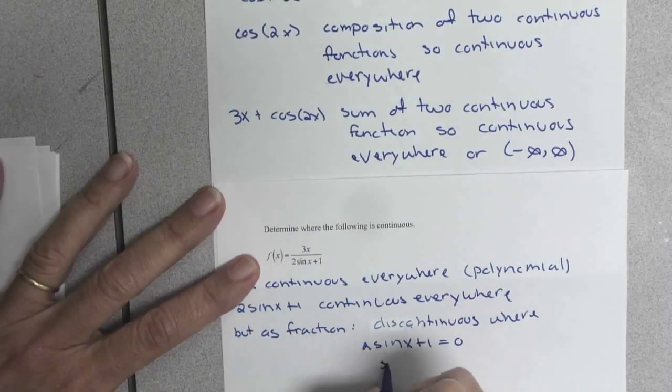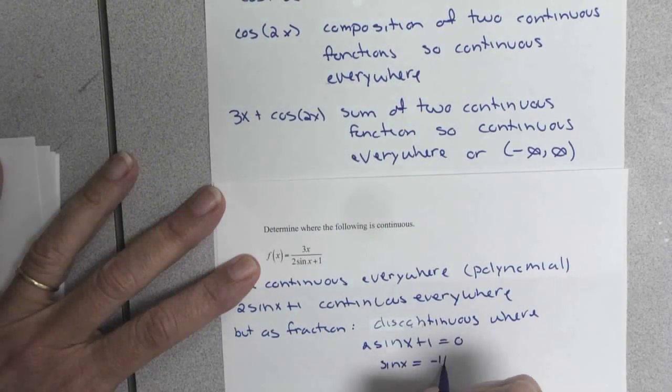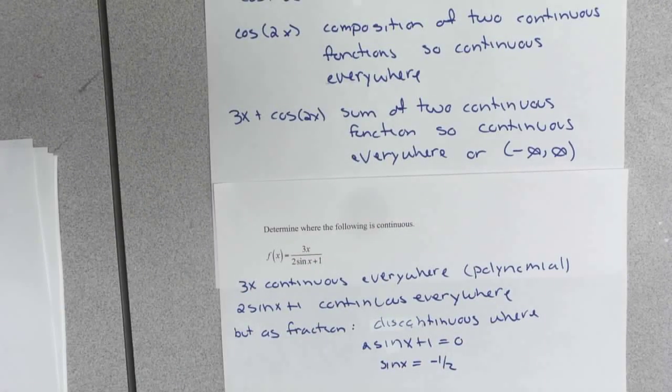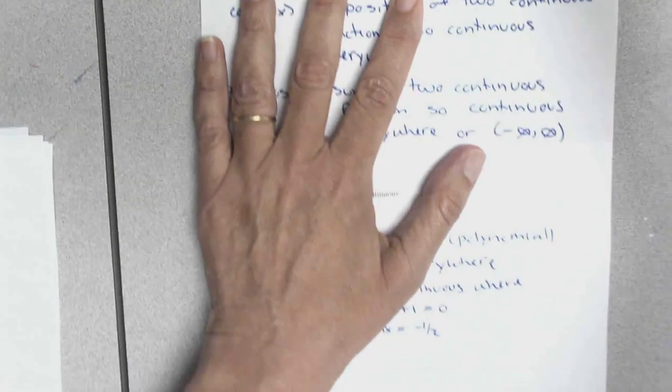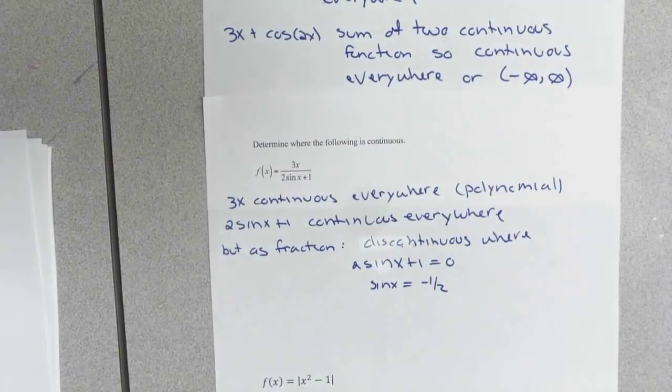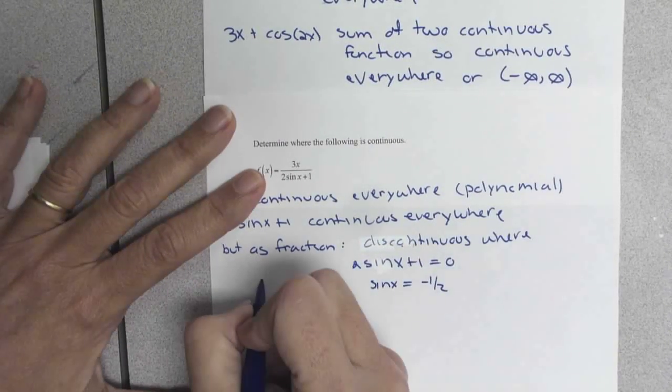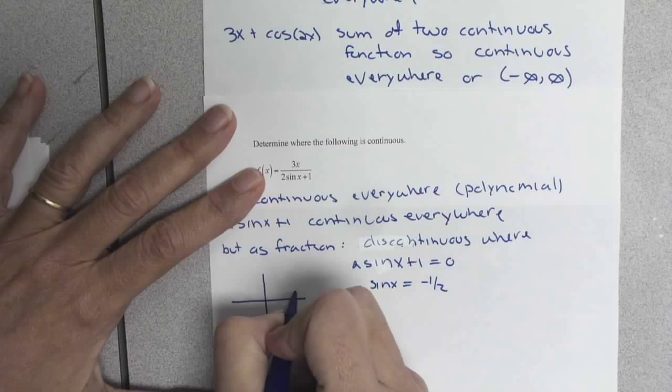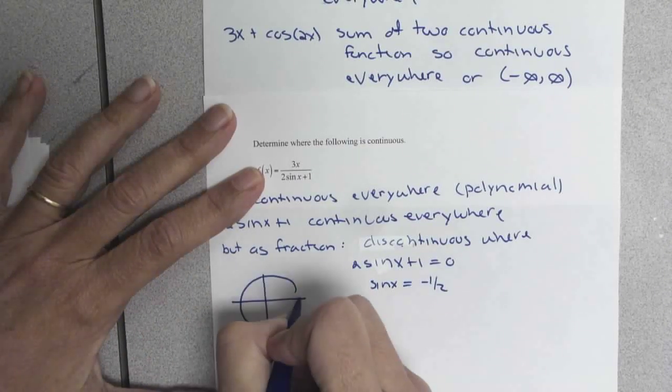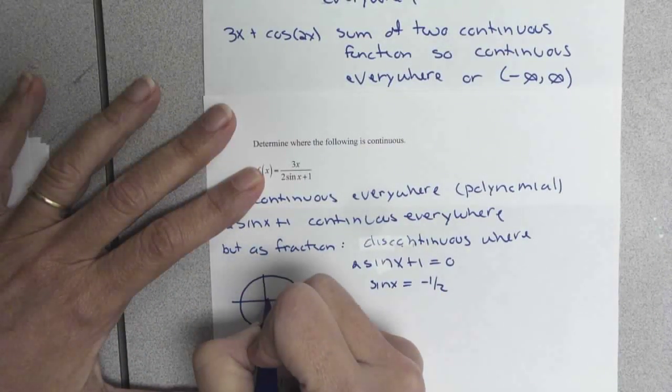So solving this trig equation, remember the first step in solving a trig equation is to solve for the trig function. So sine x equals negative 1/2. Then I ask myself, where is sine equal to 1/2? In radians. So there's a little unit circle.